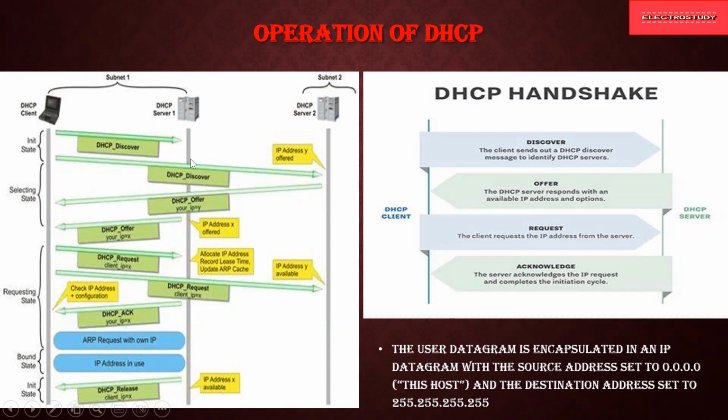Now it is sending DHCP discover. It is discovering the server, either DHCP server 1 or server 2. After discovering, this server will give you an option called DHCP offer. In this DHCP offer, the transaction ID along with the lease time will be provided.